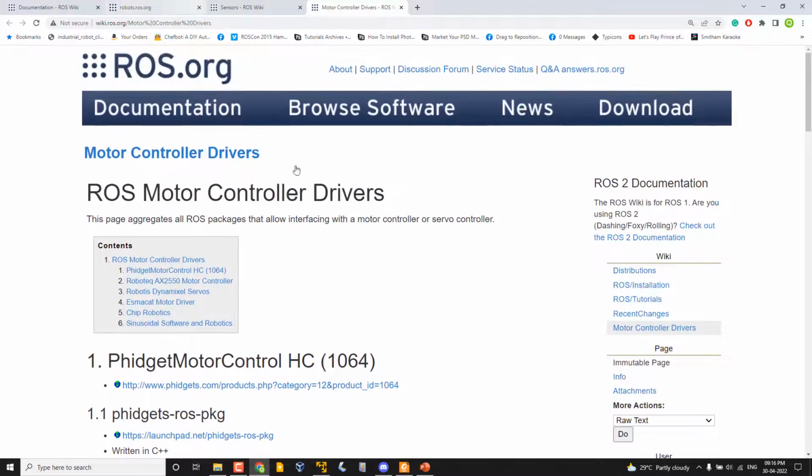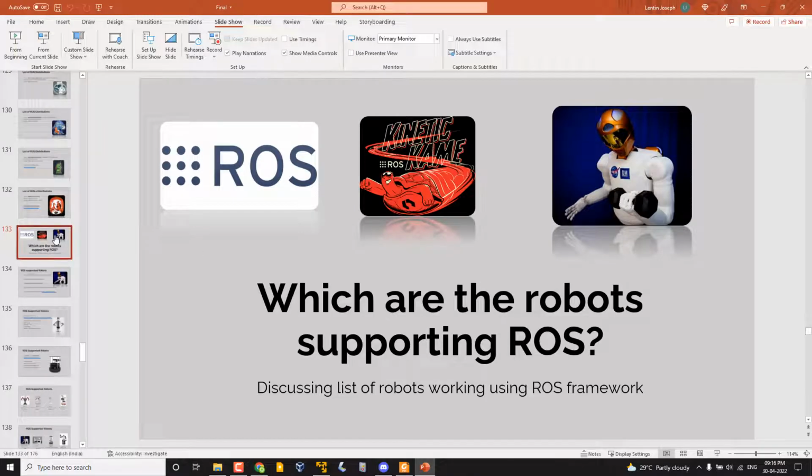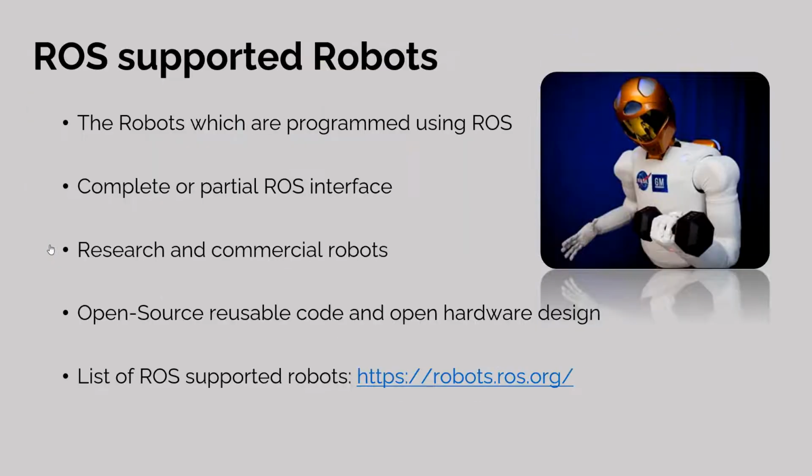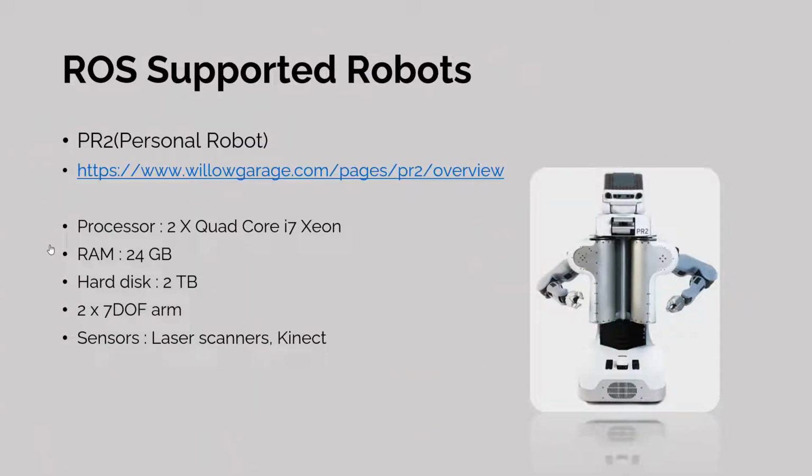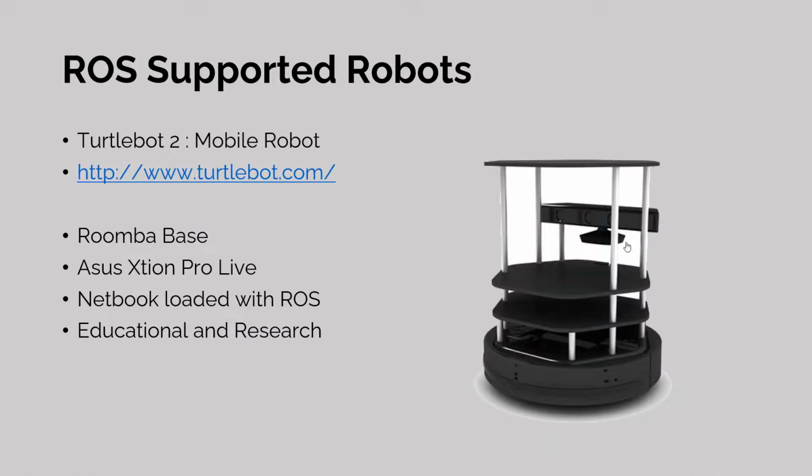I included some pictures of some robots. The PR2 robot is fully controlled using ROS. You can think about the complexity: it has 2 arms and multiple vision sensors, and it is completely controlled using ROS. Then the Turtlebot 2, 3, and the 4 is also coming.